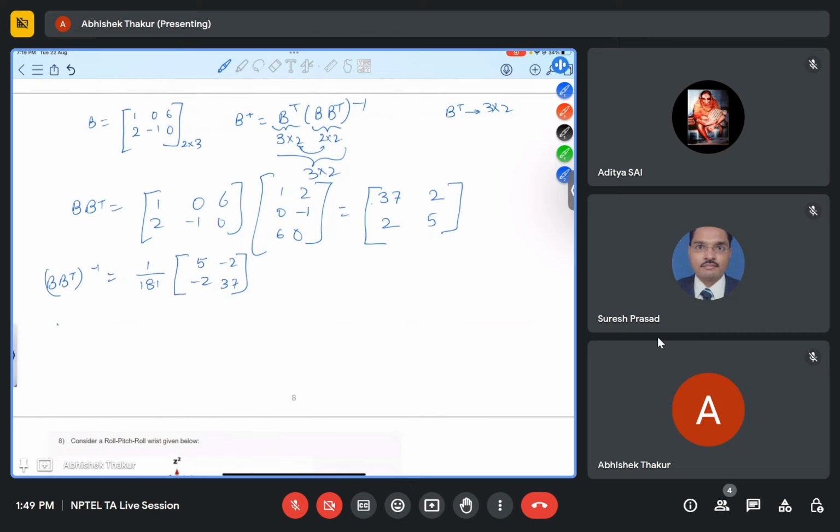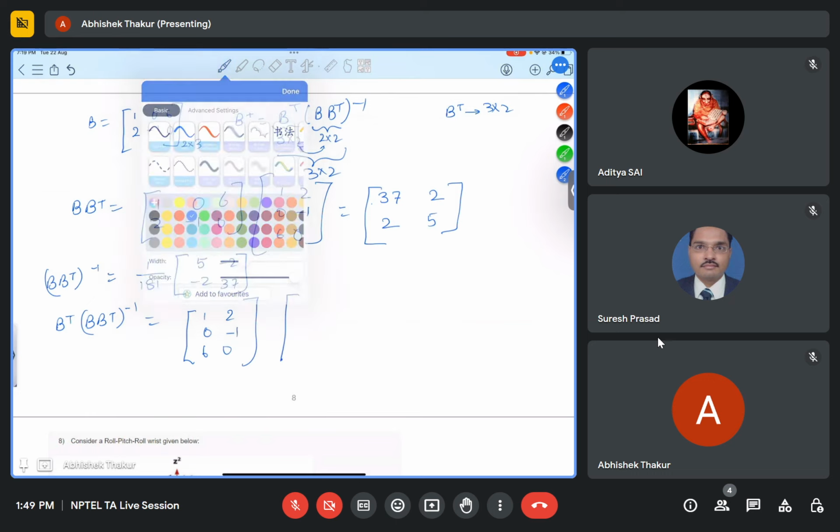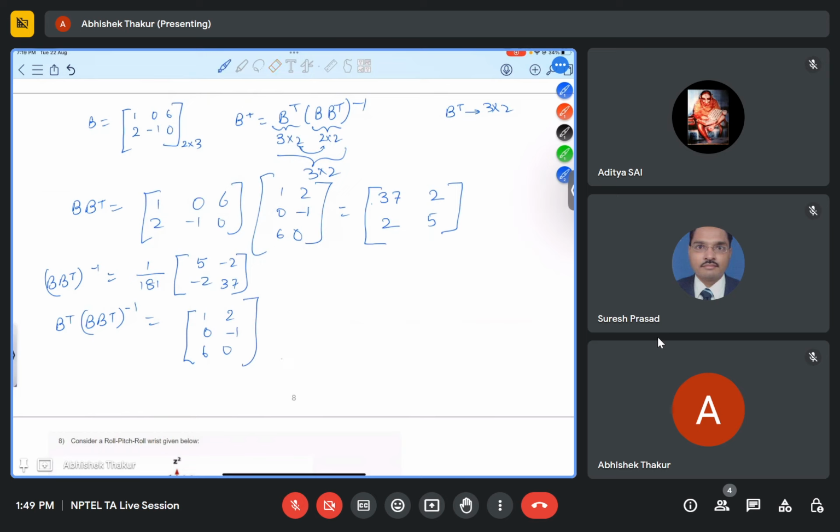Now again we have to do the multiplication, B transpose into this term. So our B transpose is 1 2 0 minus 1 6 0. Let's take it here only.